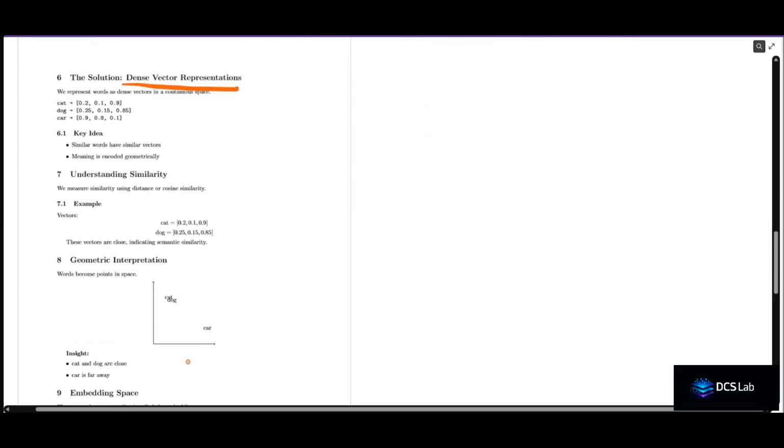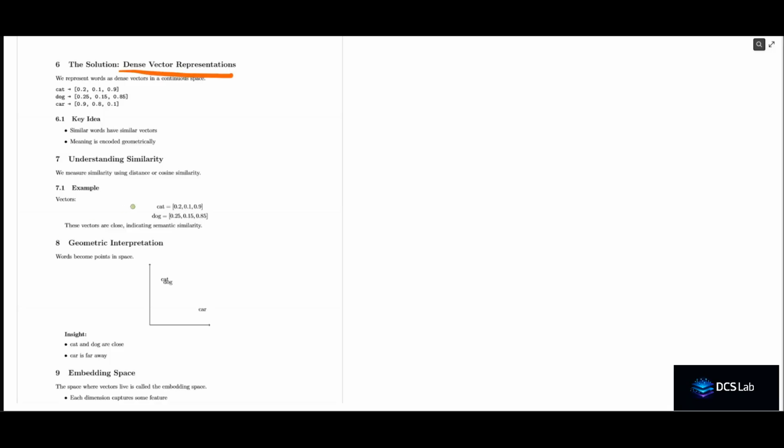So we'll see what dense vector representation is all about. Fine. So what exactly is dense vector representation? In dense vector representation, the words that we have seen are represented as dense vectors in a continuous space. Two key terms we notice here are dense vectors and a continuous space.